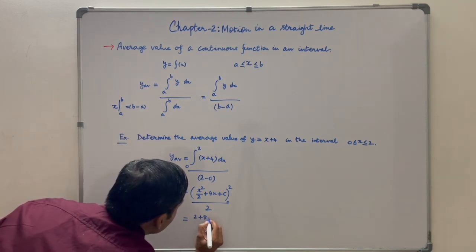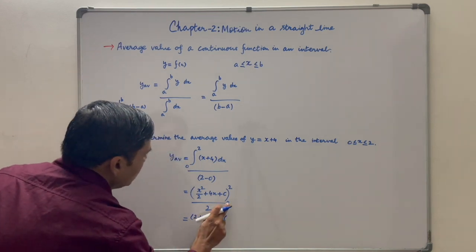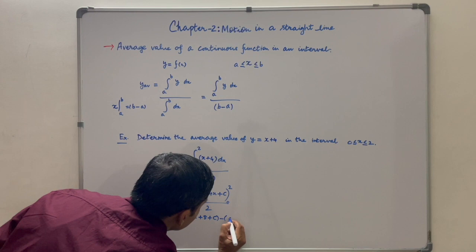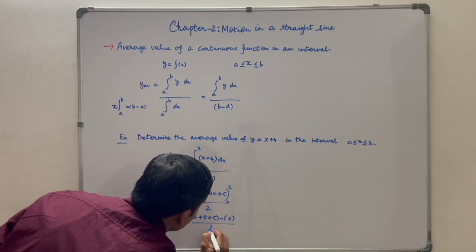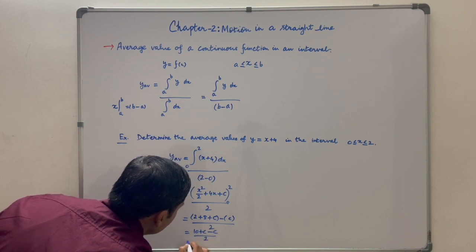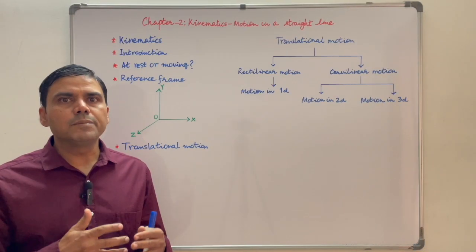So 2 plus 8 plus c. Minus, when you put the lower limit, it will be 0 plus 0 plus c. That is c. So 2 plus 8 is 10, plus c minus c, that is 10 by 2, equal to 5.